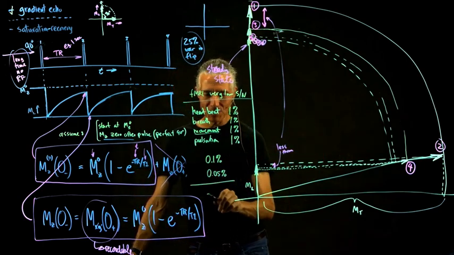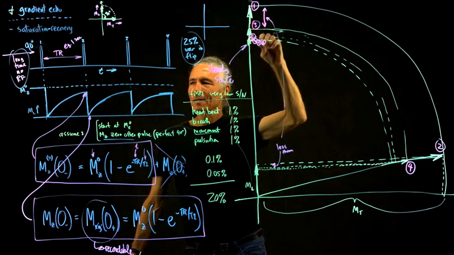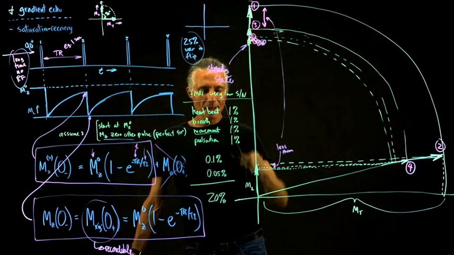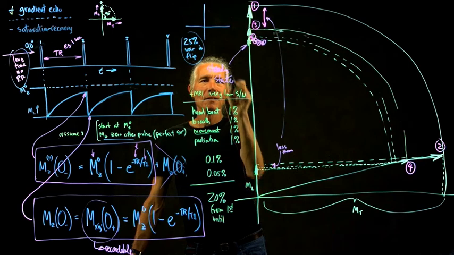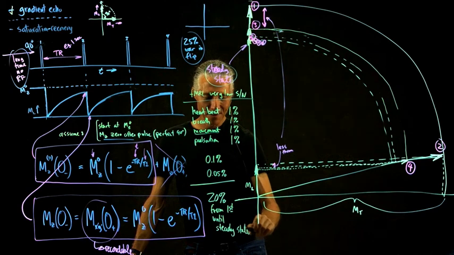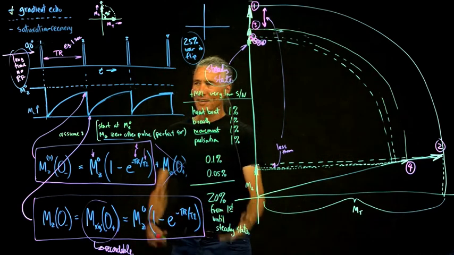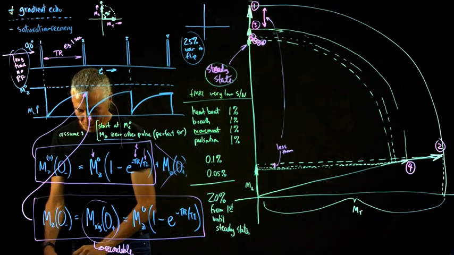We're talking about like a 20% brightness change, from first until steady state. So obviously we need to get rid of that, because this is 20 times or 100 times bigger than our cognitive signal.